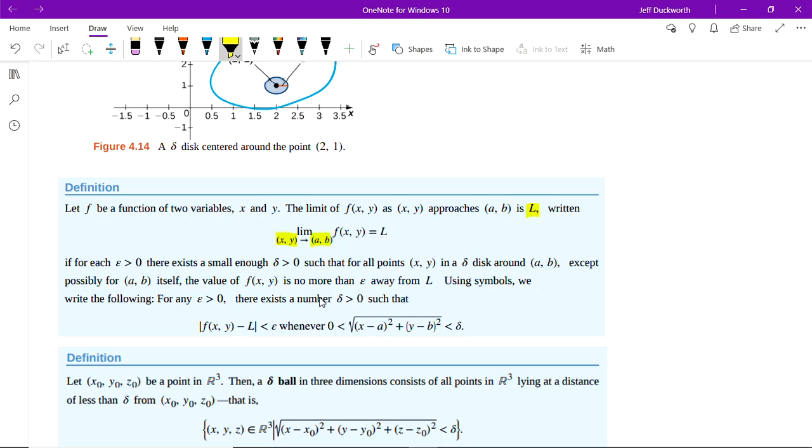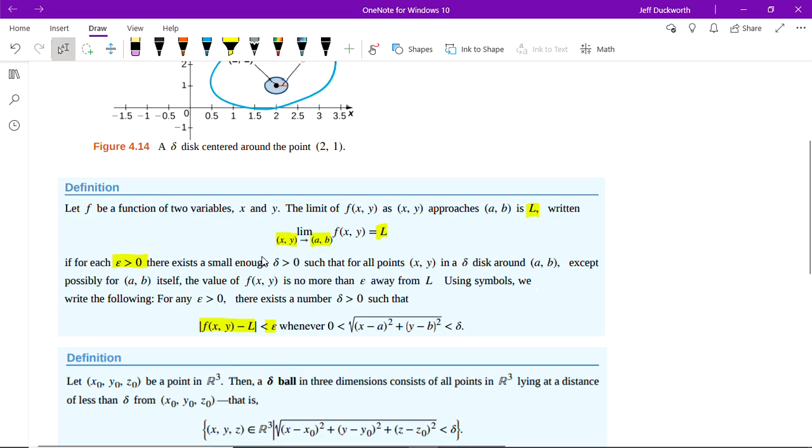So as the x's and y's get closer and closer to A, B, the limit of the function will equal L. Now, the epsilon delta definition from before basically says that for every epsilon greater than 0, the distance between the function and L is smaller than that epsilon. That's for every epsilon, essentially approaching 0.